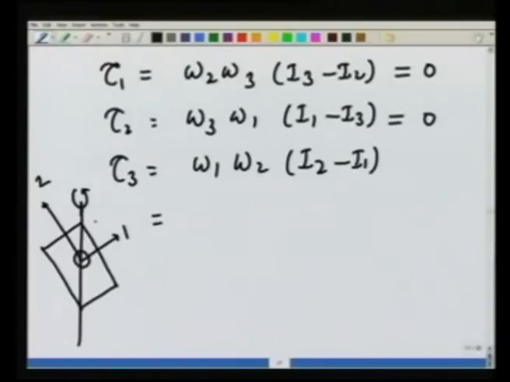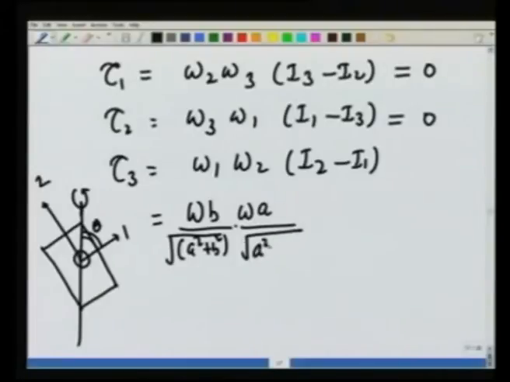It comes out to be omega 1, which is omega cosine of this angle, which is b over square root of a square plus b square, times omega 2, which is omega sine theta, which is omega a over square root of a square plus b square, times I2 minus I1, which is m over 12 times b square minus a square.